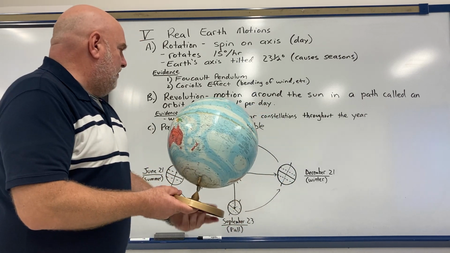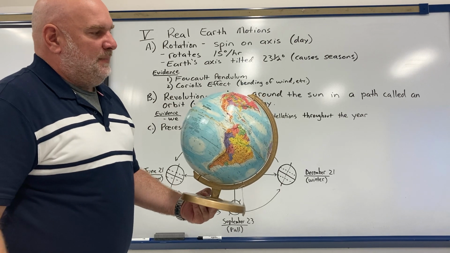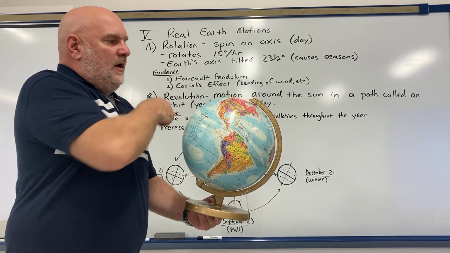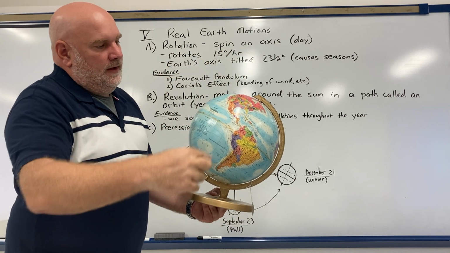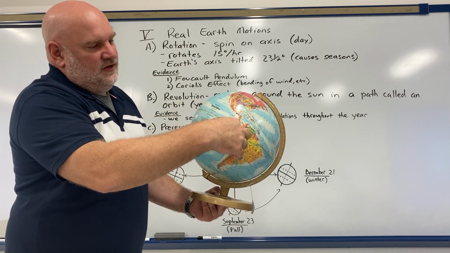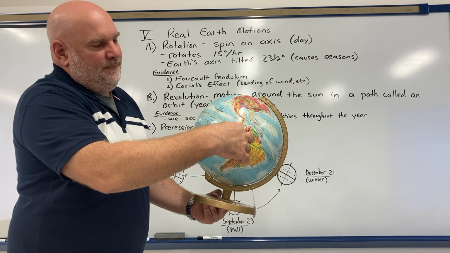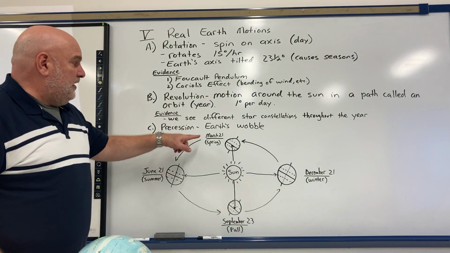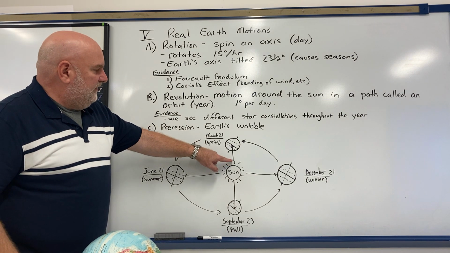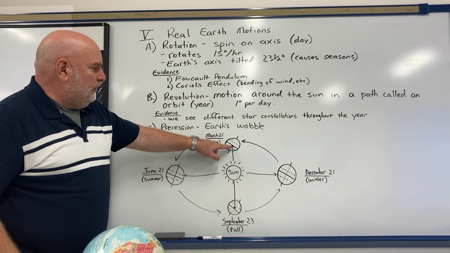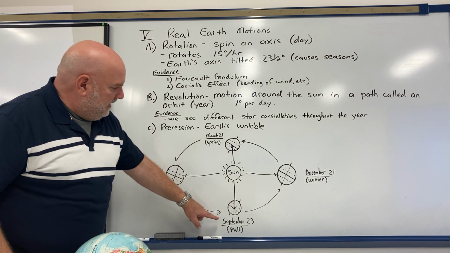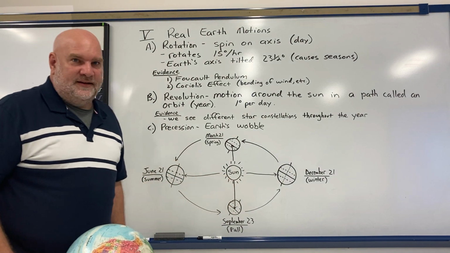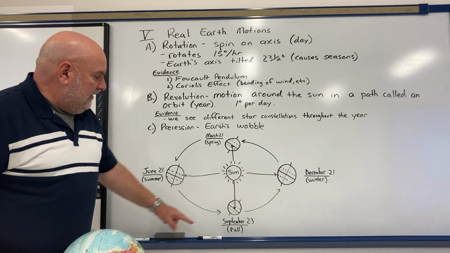In September and March, it's tilted perpendicular to the sun. So on those days, the sun's rays are hitting straight down on top of the equator. March 21st, the sun's shining directly on top of the equator right there. That's springtime. And then September 23rd, the sun's rays are shining directly on top of the equator right there. So that's fall.